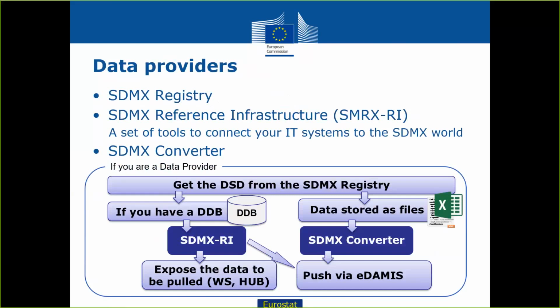Then I have two possibilities. Either I connect my database using the SDMX reference infrastructure to expose it so it can be pulled by Eurostat, or I just work with my file and manually send it using the SDMX converter via the push. So we have the pull and the push, what we mentioned earlier.